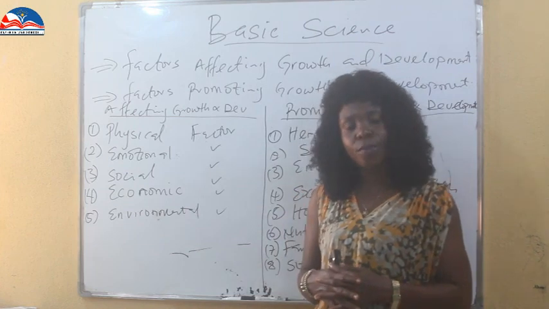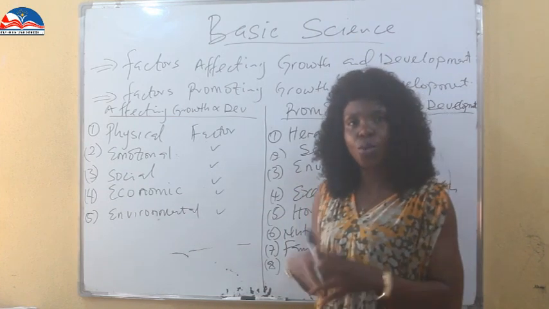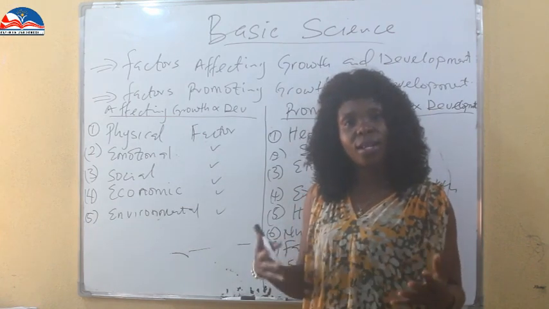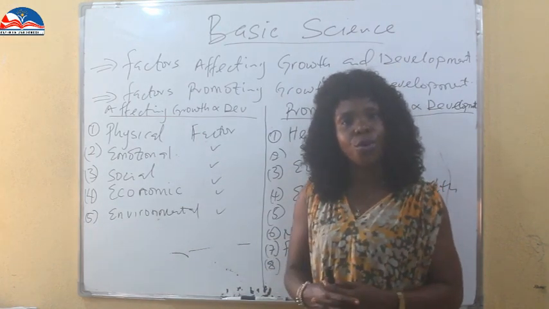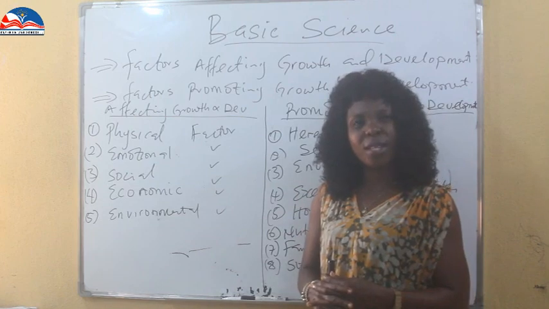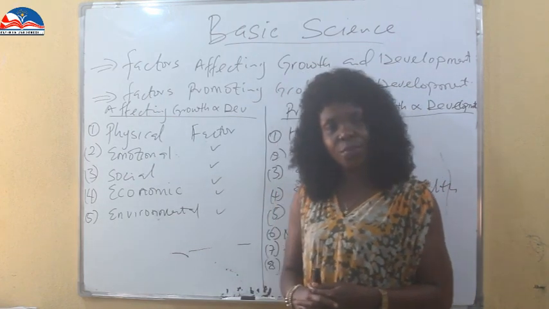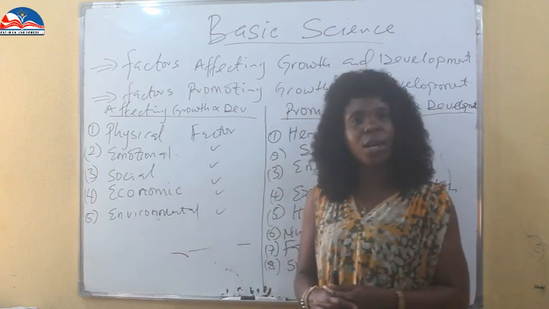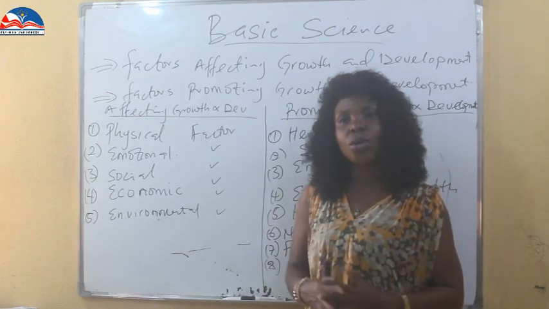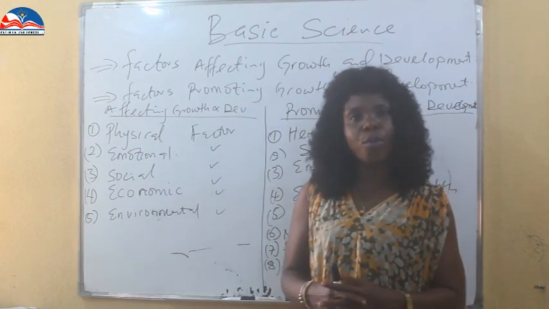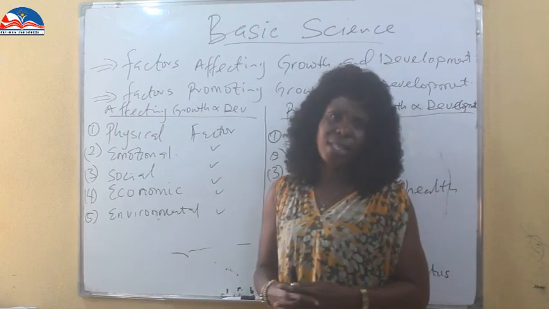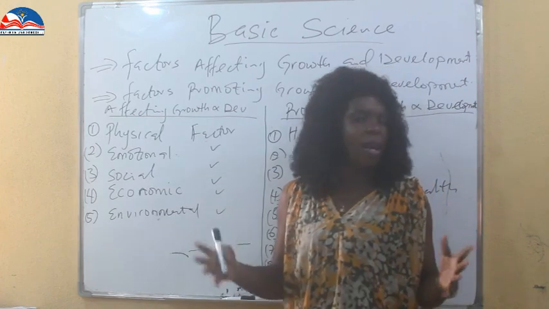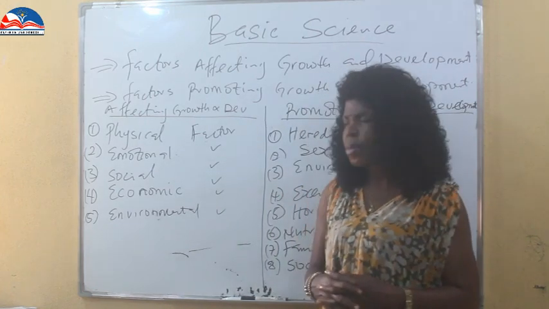Then emotion. Emotion has to do with our mental mind, what we think about, what surrounds us that affects our behavior, and what affects our personality. And so things that affect growth and development can be our emotion. When we're emotionally not stable, for example, people from a broken home, their emotional stability is always questionable because there are crises here and there.